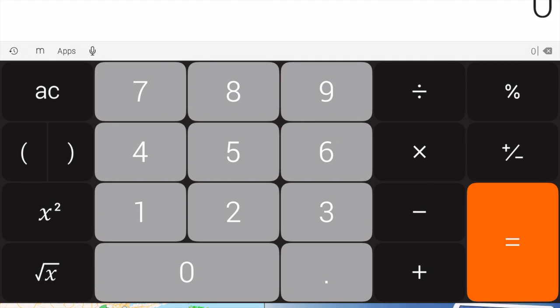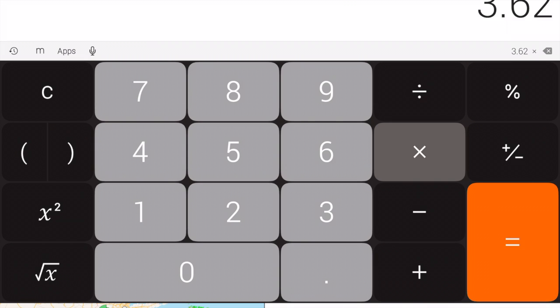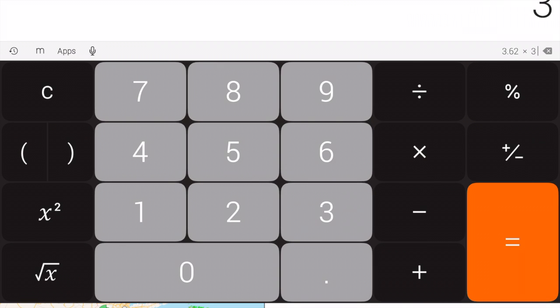Now, to work these out with your calculator, it's quite simple, and this is using technologies to help you. You would type your equation in. So our first one, well, we won't use the first one. The second one was 3.62 times 3. And you press equals, and you can see that we got the same answer.